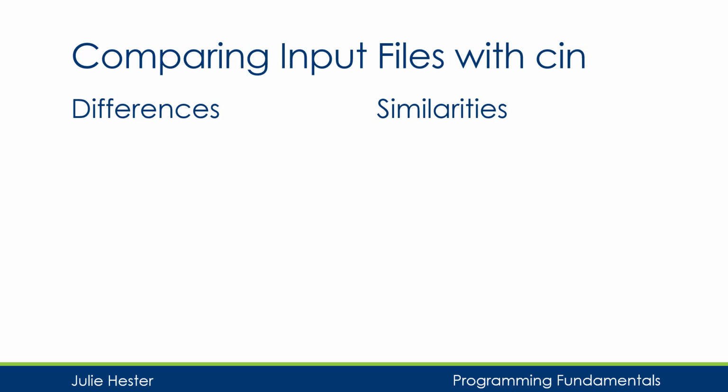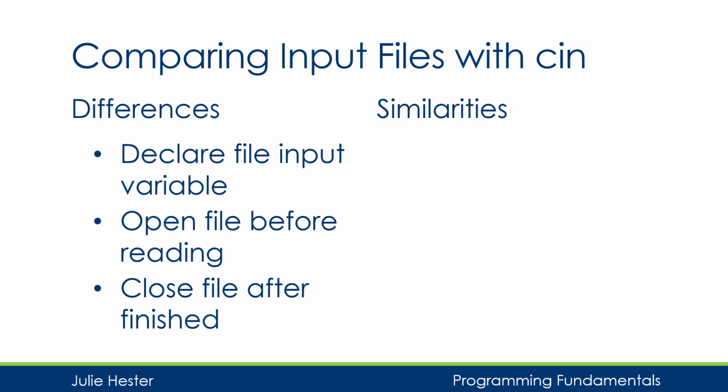So now let's compare using input files with cin. The differences are that we have to declare a file input variable, we need to open the file before reading from it, and when we're finished, we'll close the file.